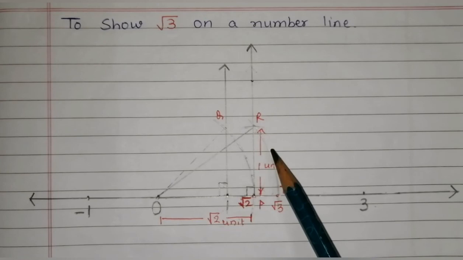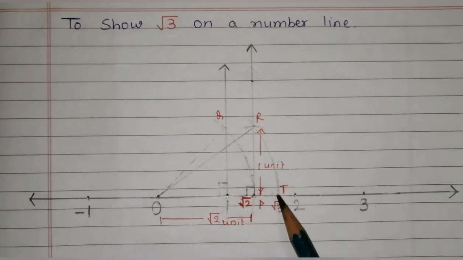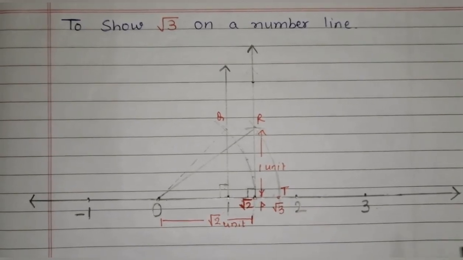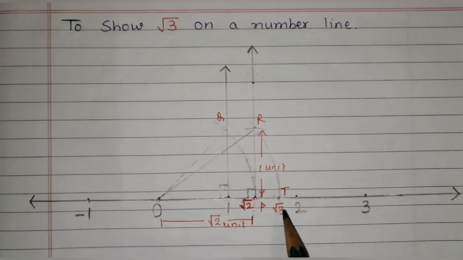So with this radius, when you cut on the number line, you get point T, and point T denotes square root of 3. This way, if we have to show root 3 on the number line, first we have to draw root 2, and with the help of root 2 we can find root 3 on the number line.